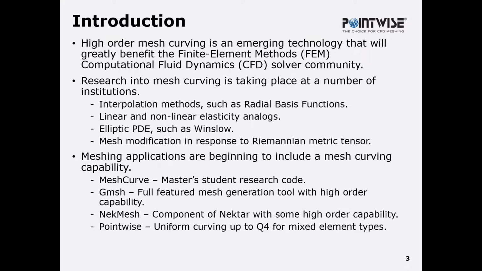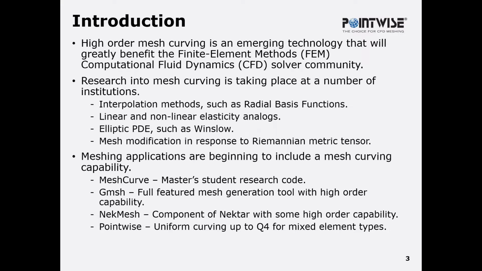Meshing applications and software are beginning to include a mesh curving capability. Now there's software called MeshCurve, a master student research code. There's GMesh, of course, NekMesh, which is a component of the Nektar++ software, and of course Pointwise.